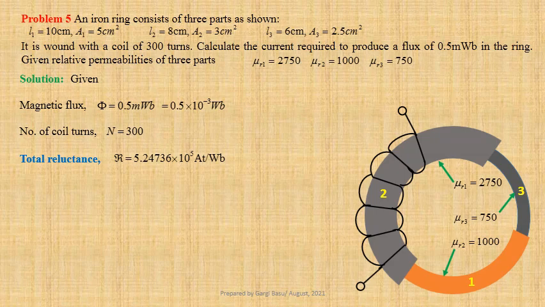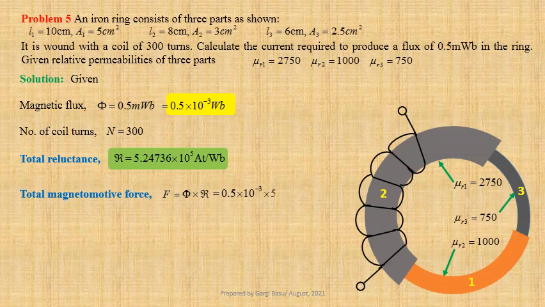Let us now calculate total magnetomotive force F equals phi into R. Using values we get 0.5 into 10 to the power minus 3 into 5.24736 into 10 to the power 5. That gives us 262.3645 ampere turns.